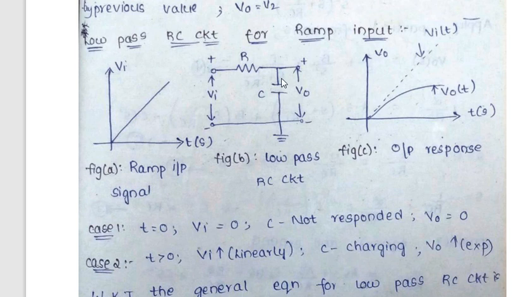Therefore, the voltage developed across the capacitor is exponential. The output voltage follows the voltage across the capacitor, hence the output voltage is exponential in form. That is clearly explained in the case 2 operation. At t equal to 0, the output is equal to 0. For t greater than 0, the output voltage increases exponentially.